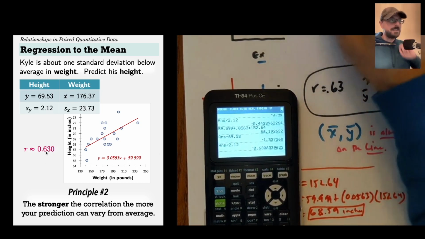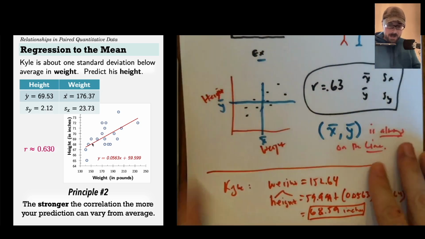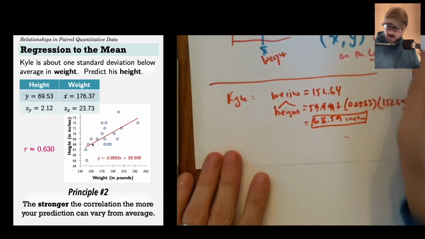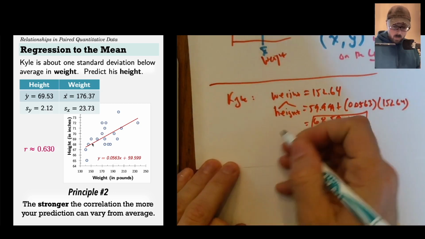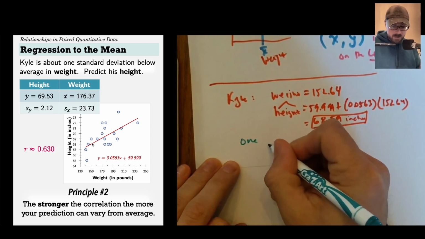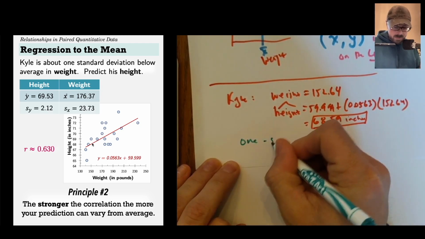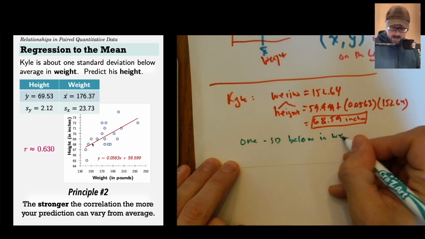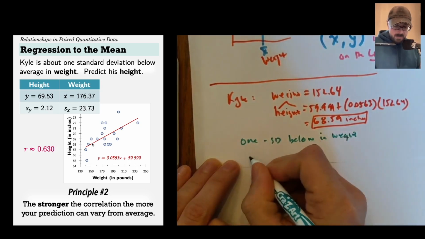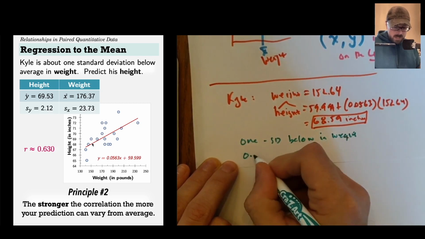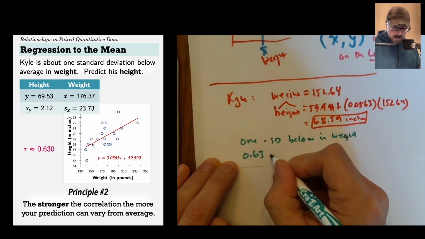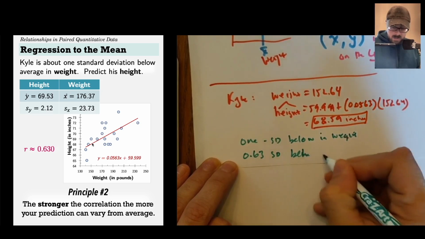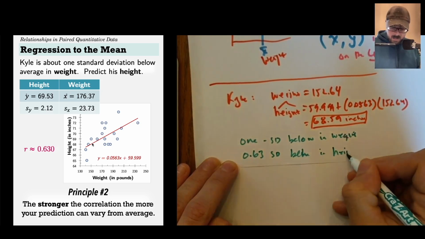So actually, as it stands, for Kyle, we see Kyle is 1 standard deviation below average in weight. We predict that he's in fact 0.63 standard deviations below in height.